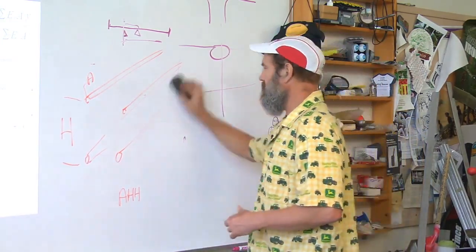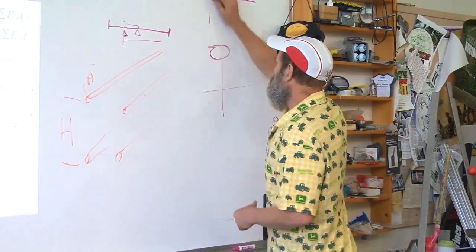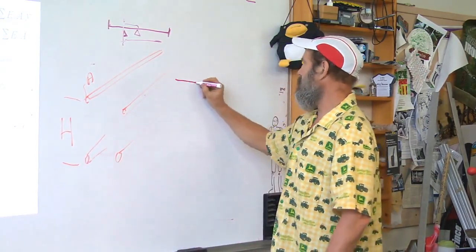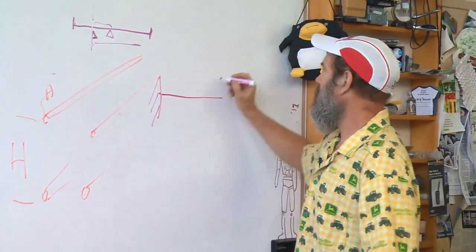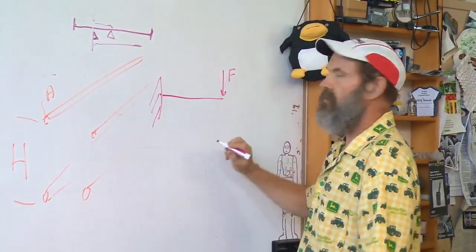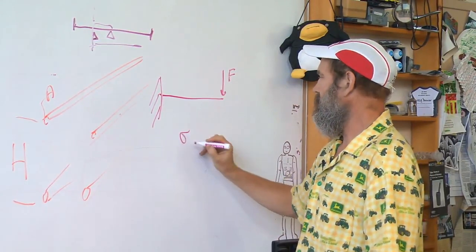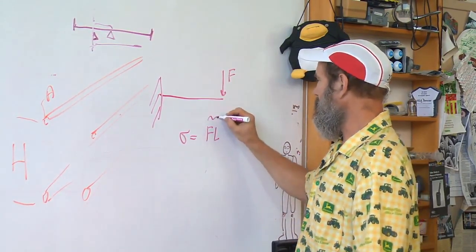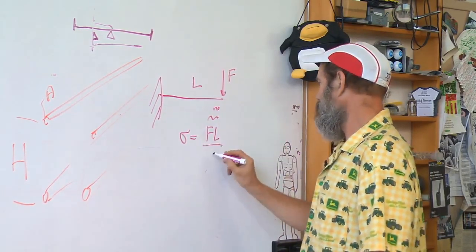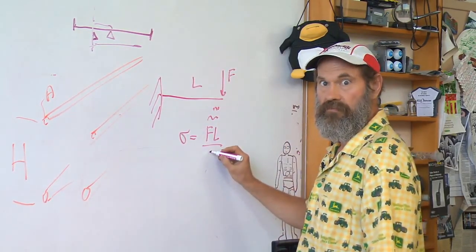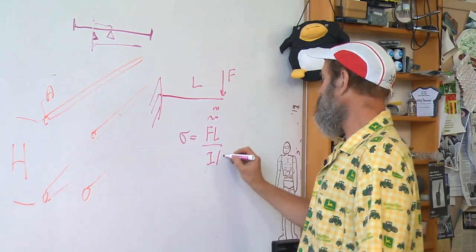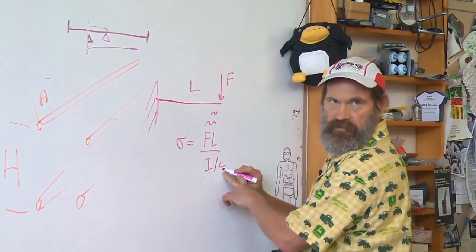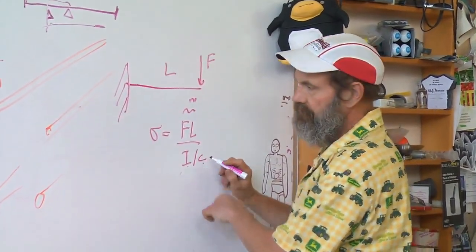Now when you go to design the details of the truss, you do the following. You know that for a simple beam, if I put a force on it, the stress in the beam equals FL, this is the moment, over I over c. I is the moment of inertia, and c is the distance from the neutral axis to the farthest fiber.